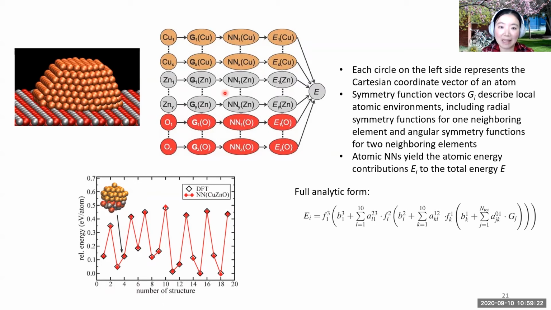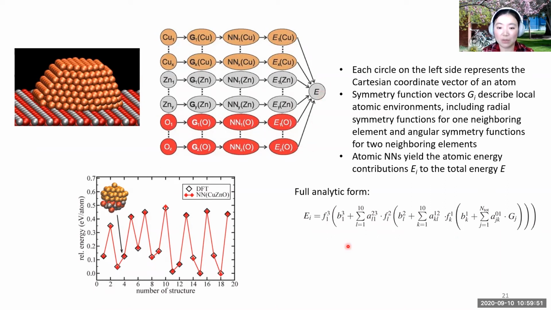The third line represents a neural network. The symmetric functions generate a variety of vectors used as input for the neural network, and after running it, the neural network generates the output: the atomic energies for the individual atoms. When we combine them together, that is the interaction we're looking for.